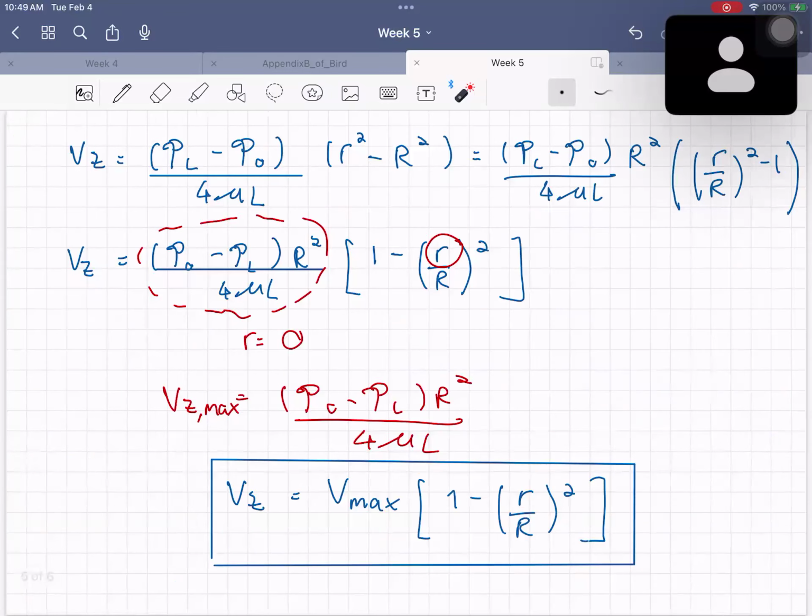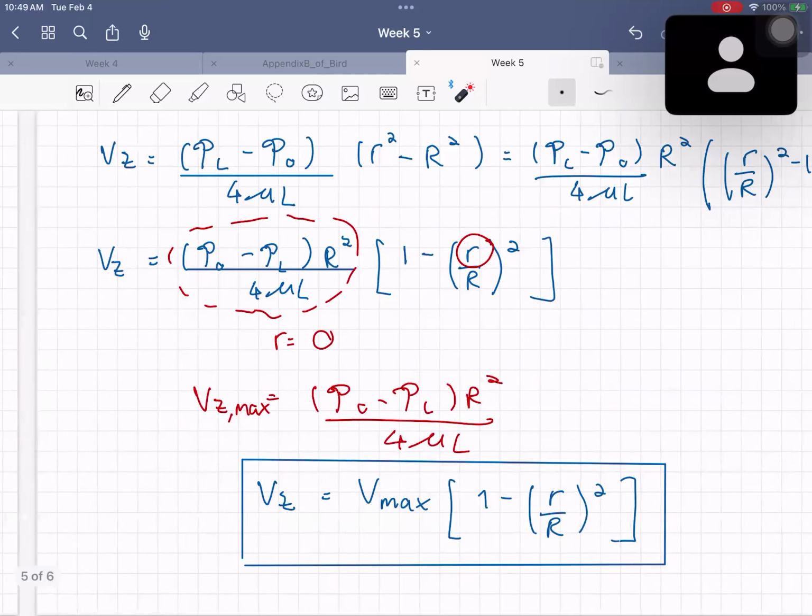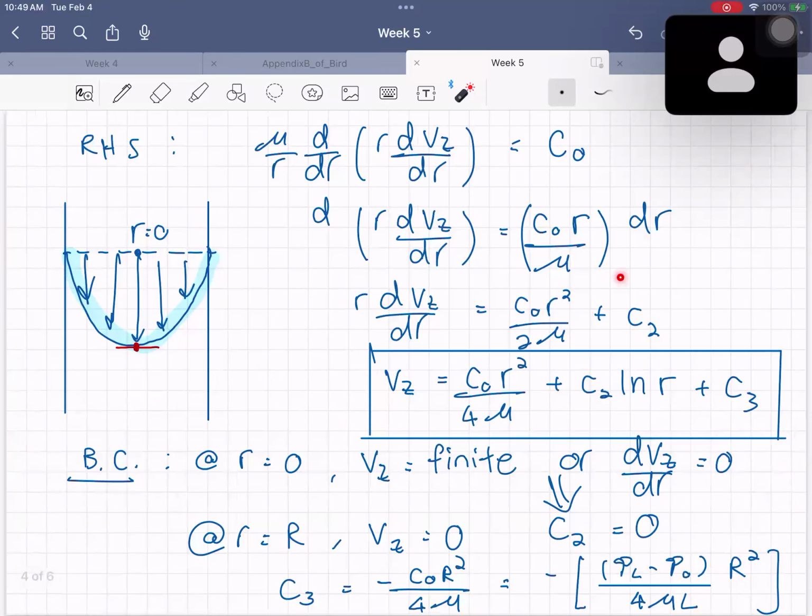You can either differentiate your velocity with respect to r, or if you go back here, you can see that this term has dVz by dr. You can just substitute the C0 and C2 that you already got previously into that term. You following?